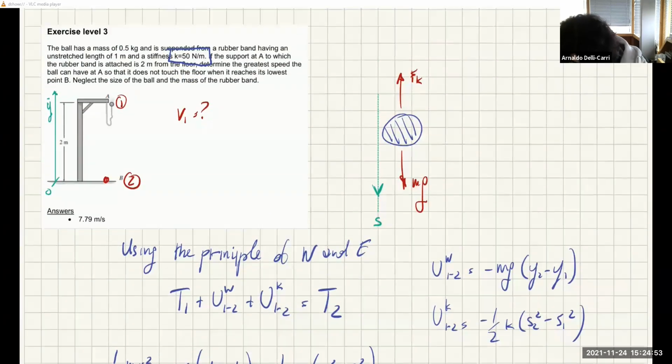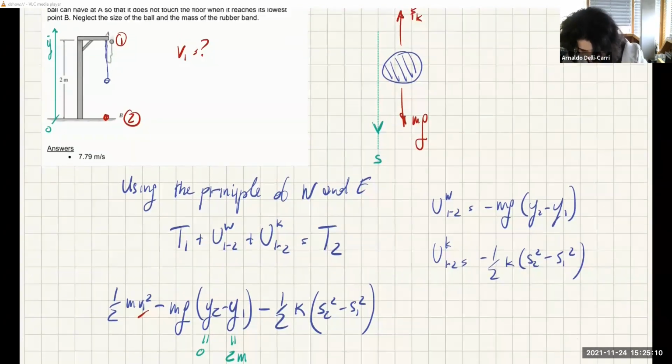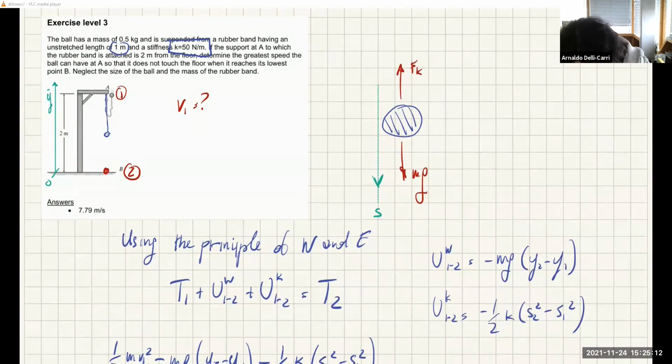Now, the original length of the cable was 1 meter. So the cable is unstretched when it reaches this position here. So at position 2, the stretch is this 1 meter of stretch.